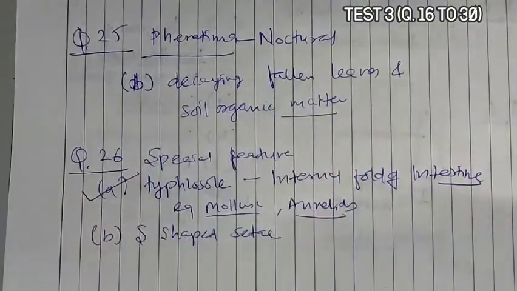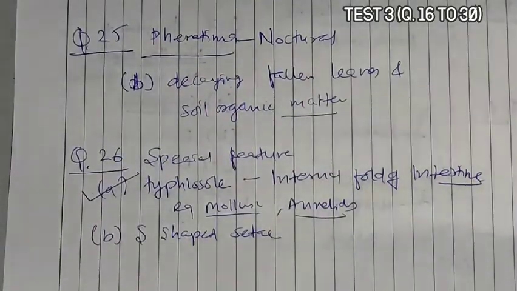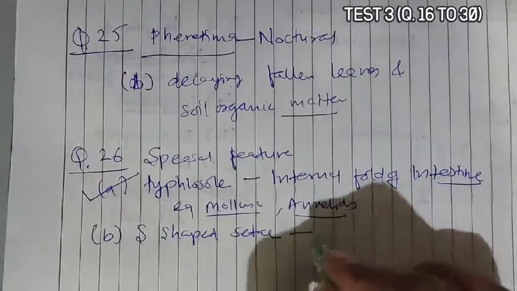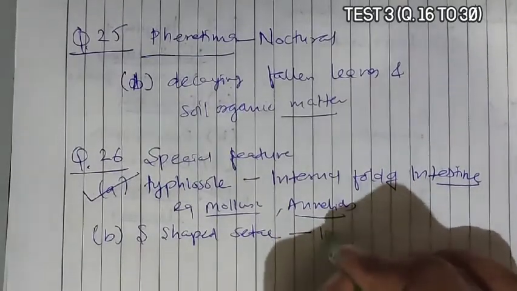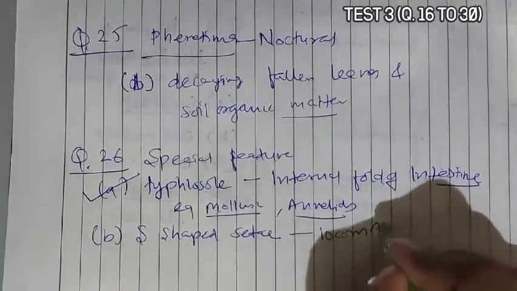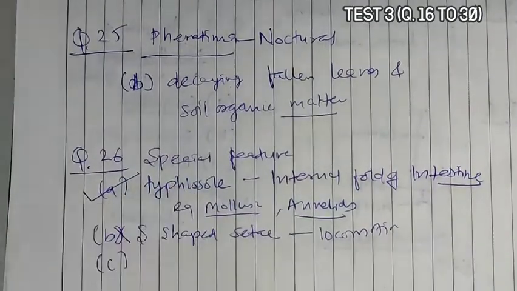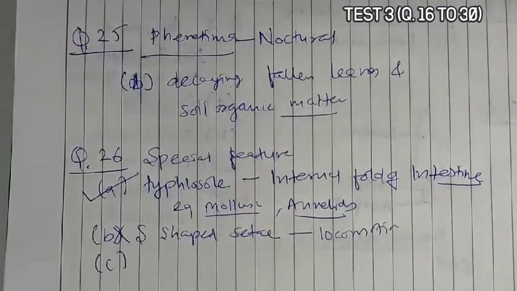Now option B is given as S-shaped seta, and they have written that S-shaped seta embedded in the integument are a defensive weapon used against the enemies. No, they are not a defensive organ, they have a role in locomotion, so it is an incorrect statement. Option C is given as it has a long dorsal tubular heart.